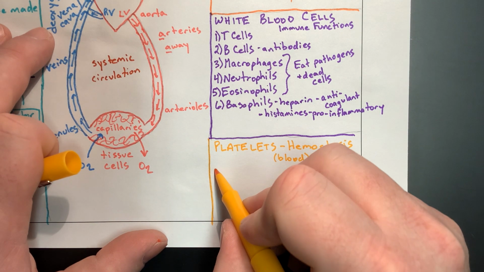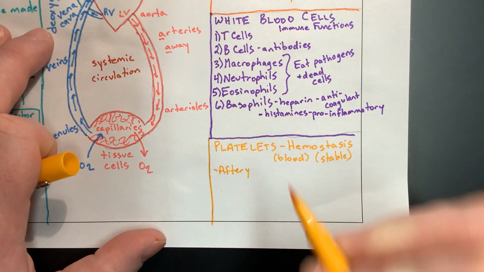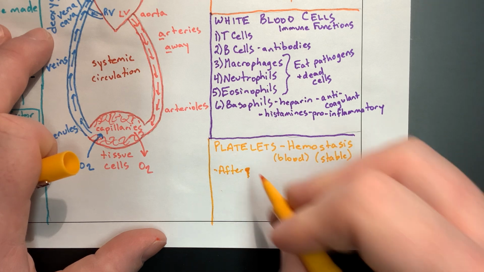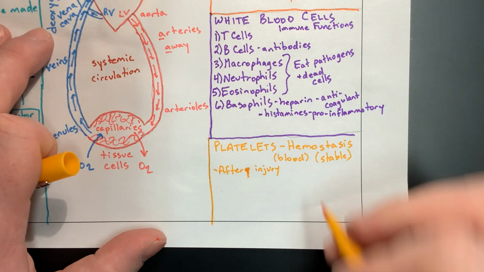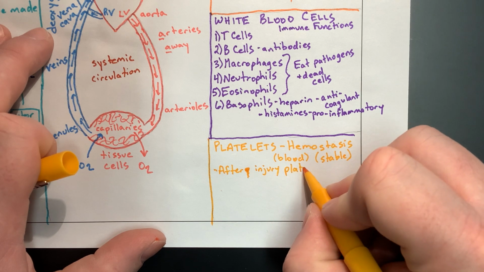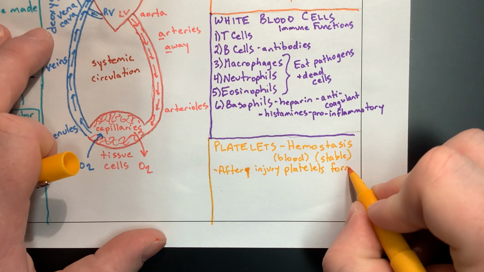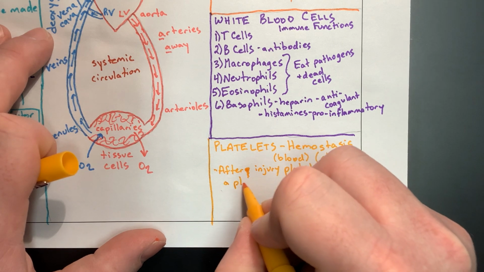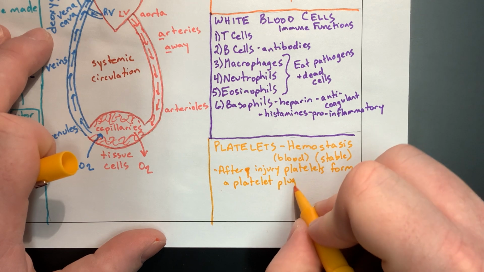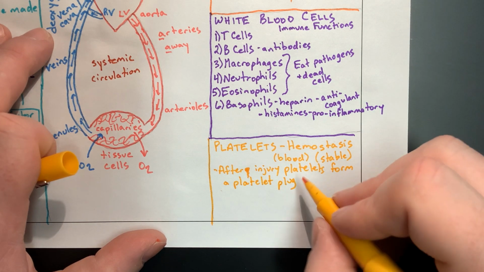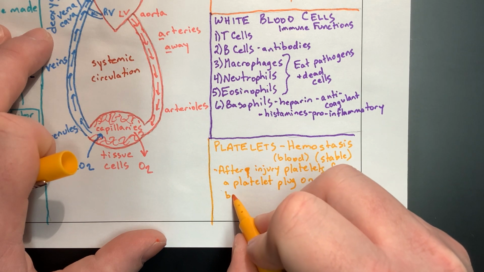What happens is after there's an injury to a blood vessel, platelets form a platelet plug on the broken blood vessel, or on the injured blood vessel.